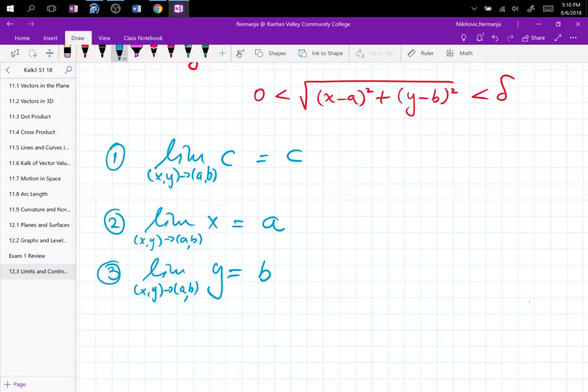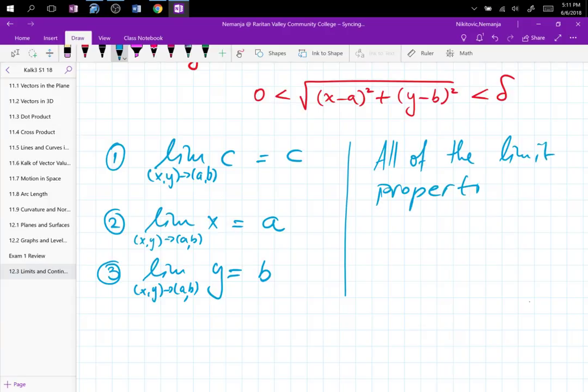Now, all of the properties of limits are the same as in Calc 1. You have much more freedom than with derivatives, because you can do sum, difference, and also multiplication individually, division individually, but for derivatives and integrals you have to use other techniques.